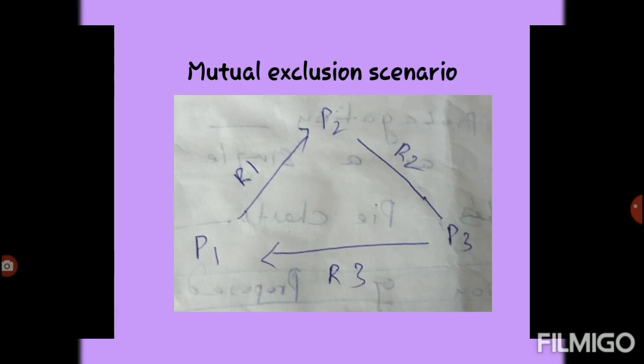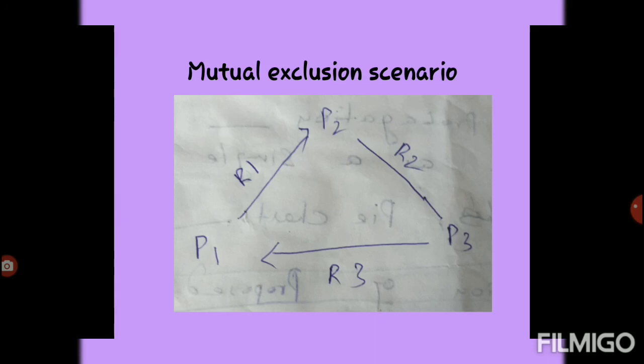This is an example scenario demonstrating mutual exclusion. There are three processes and three resources. P1 was using resource 1 and is now releasing R1 to P2. P2 was using resource 2 and is now releasing R2 to P3.